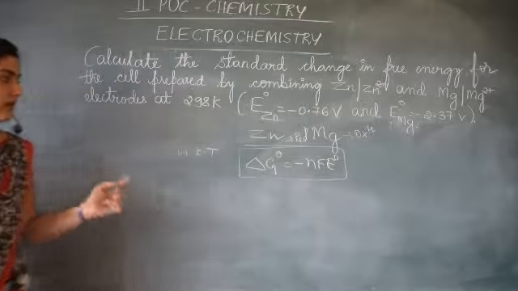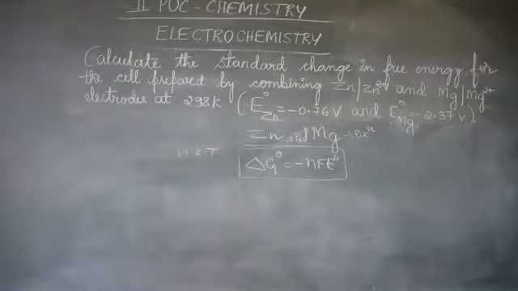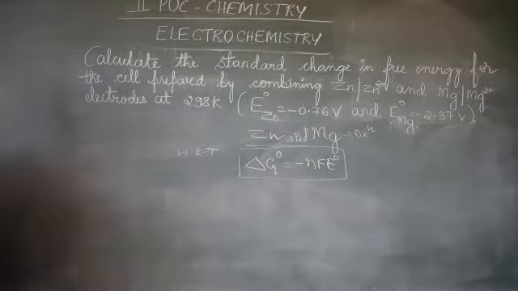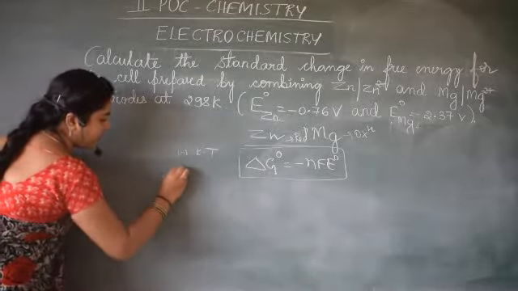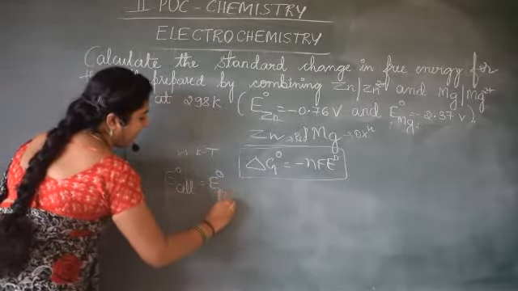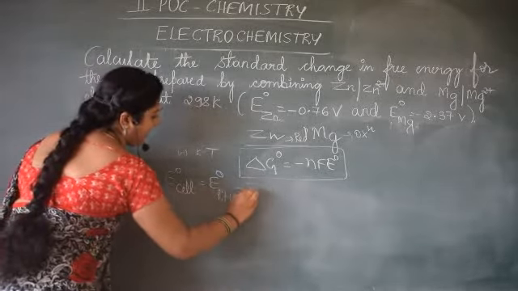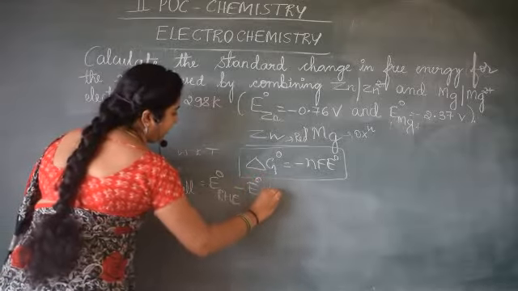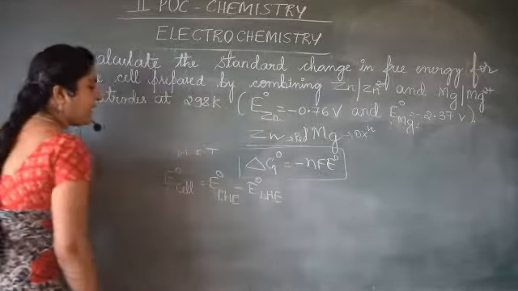Now, what is the formula to calculate E naught of cell? E naught of cell is equal to E naught of right hand electrode minus E naught of left hand electrode.